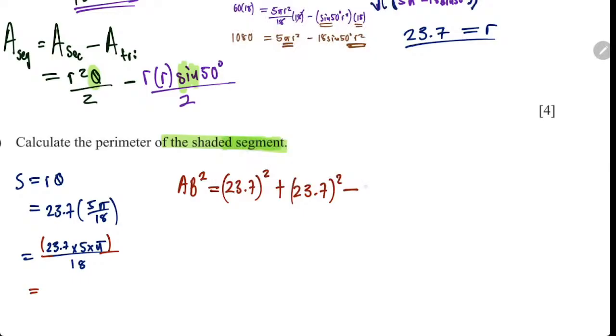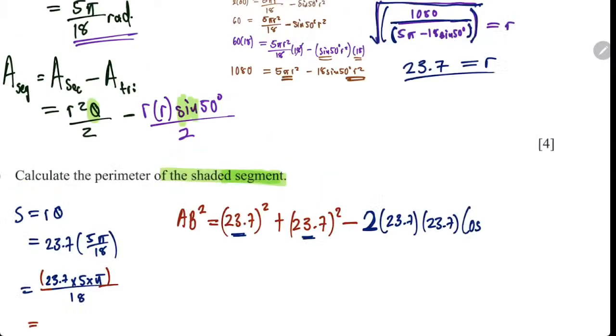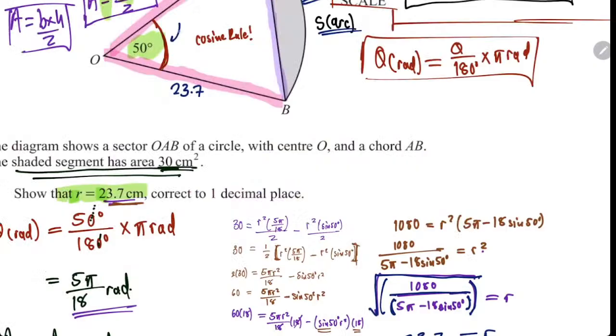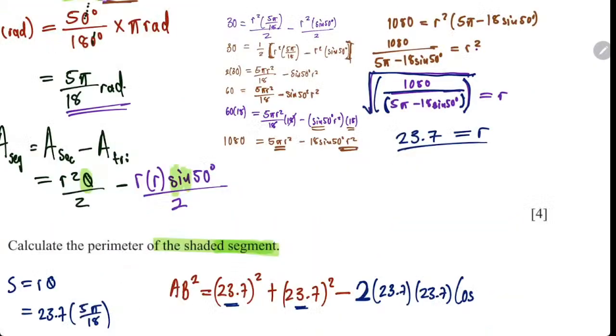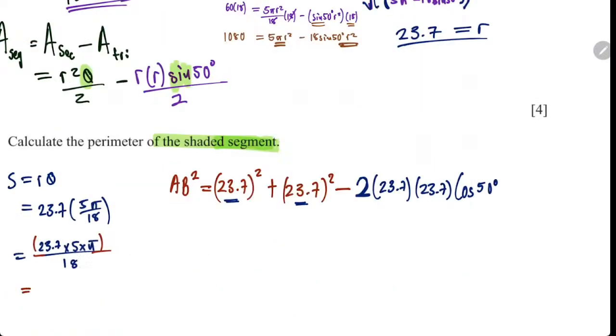Then you put a 2. Then you bring the two sides again, but this time they should not be squared. So you bring them again, 23.7 by 23.7. And you now say by cos of this angle, cos 50 degrees. This is the cosine rule. You punch it, you get an answer, you're done.